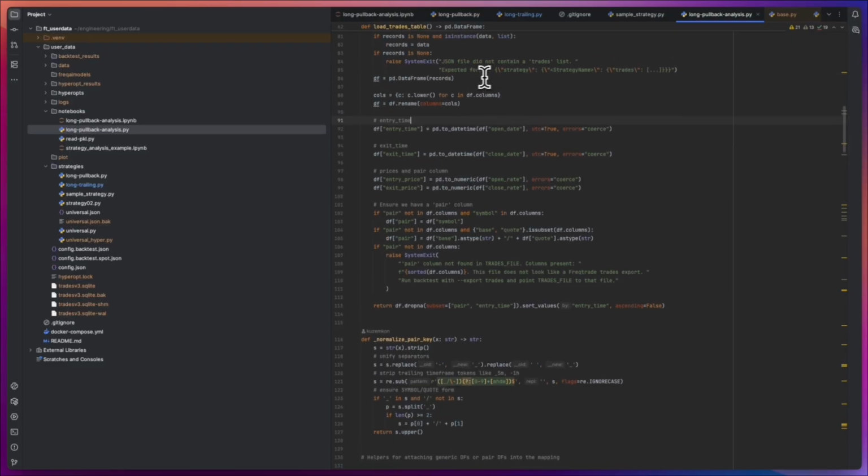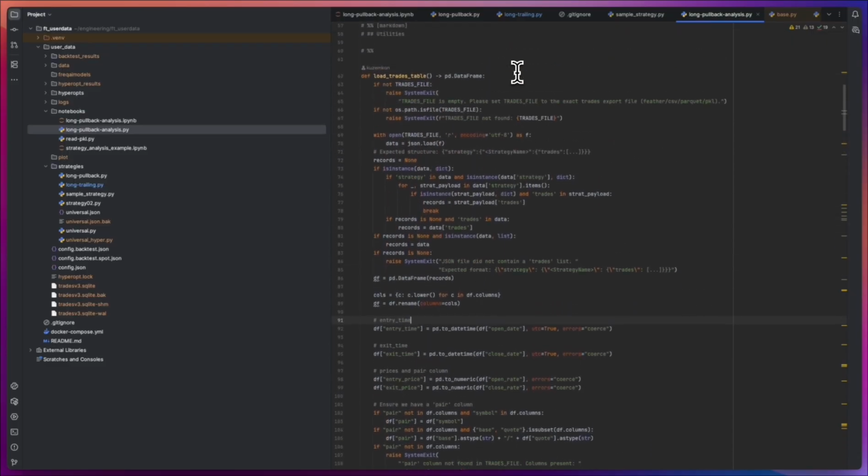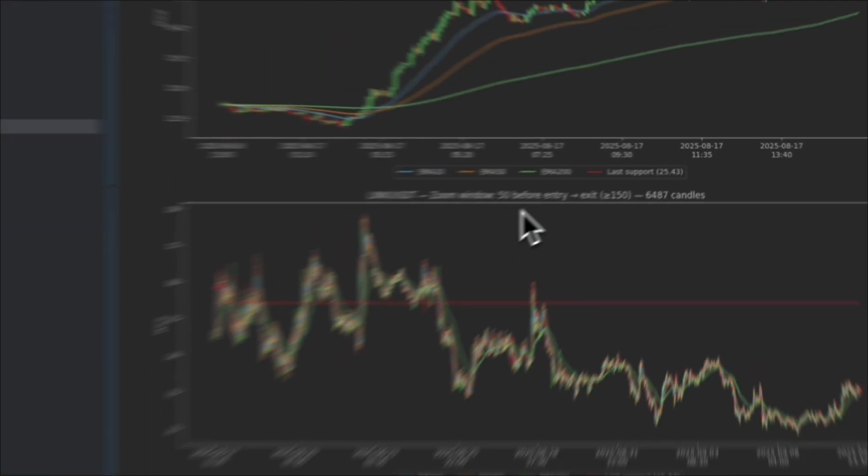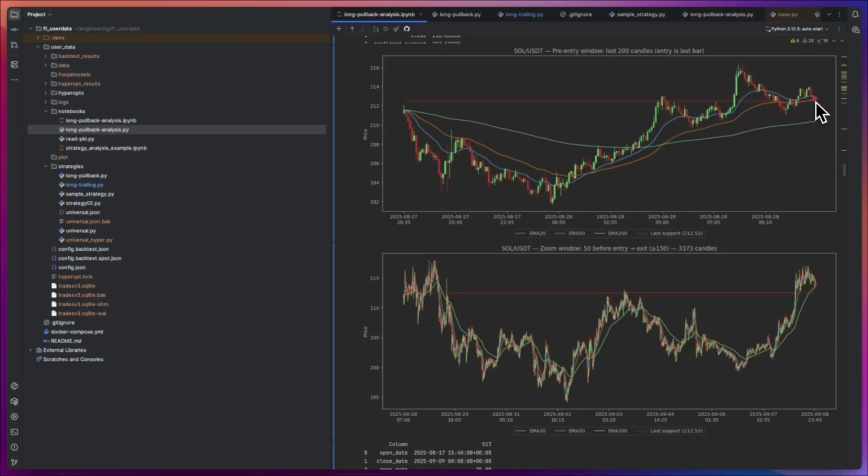I think the pullback strategy is also good, but we need to tune it. We need to find out why trades are not working. For instance, here in entry, the first trade, the entry is pretty good because it enters when the price starts sloping down. So basically we are expecting a pullback.